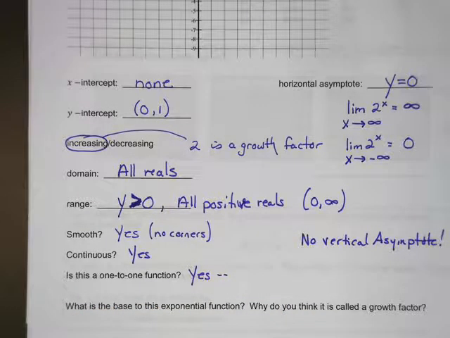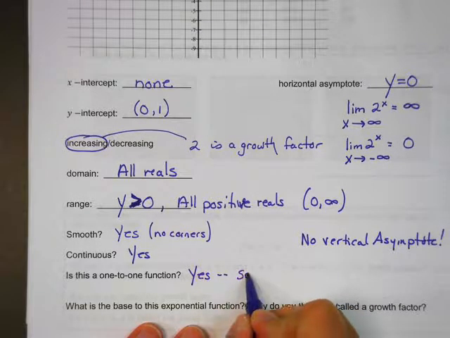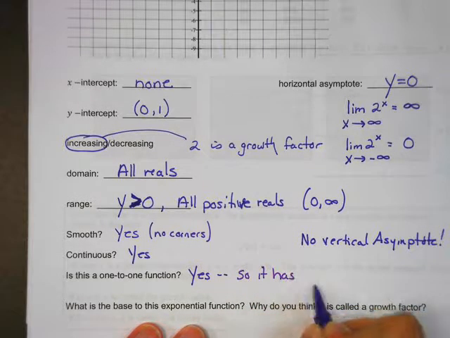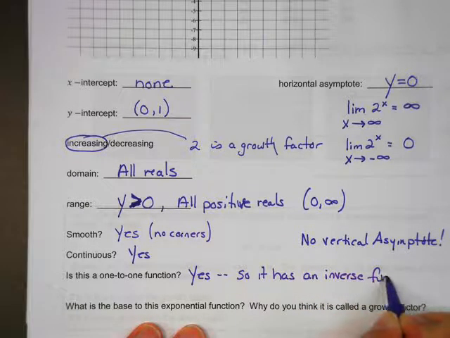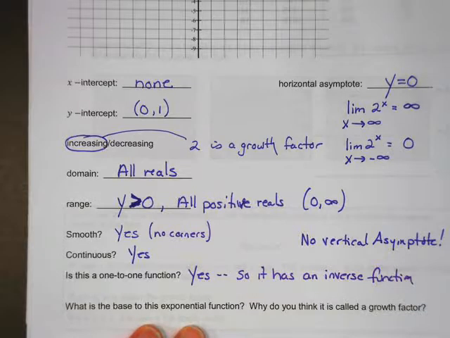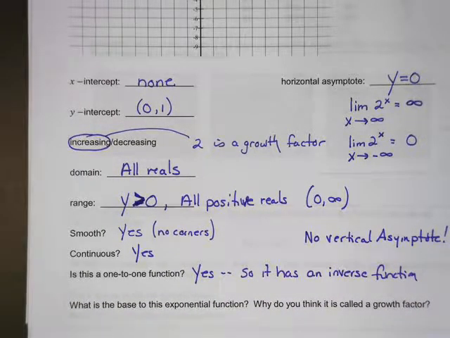For every output, there's just one and only one input, right? So because of that, we know it has an inverse. And the inverse function is what we're going to talk about on Friday, and it's a logarithm. So its special partner is a logarithmic function of the same base.